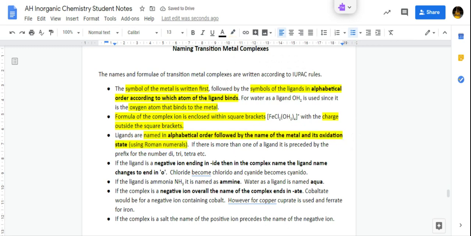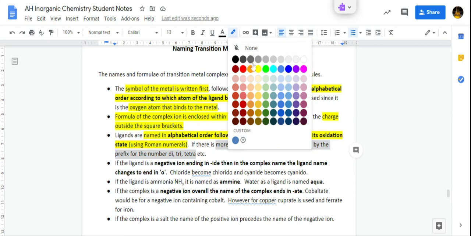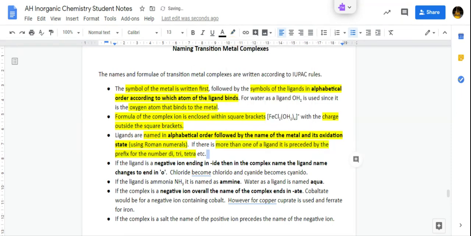If there's more than one of each type of ligand, then you have to use your prefixes, okay, like di, tetra, penta, hexa. Wouldn't go any higher than hexa. If your ligand is a negative ion ending in "ide," then in the complex name you put an O on the end.